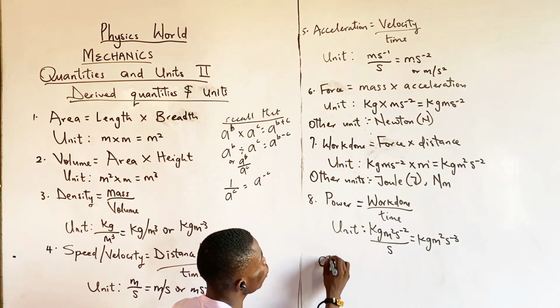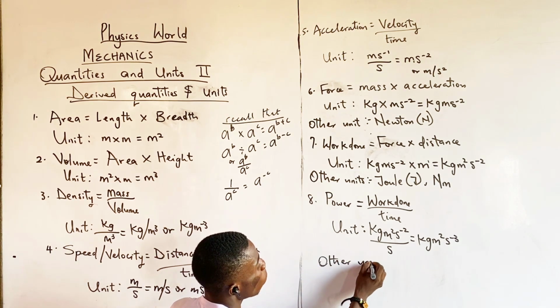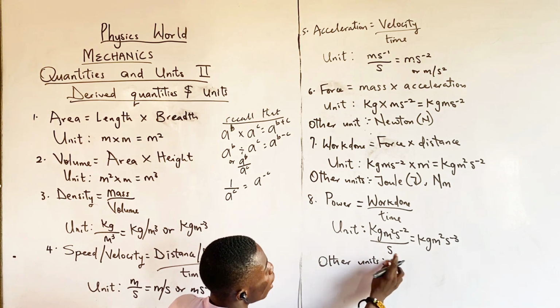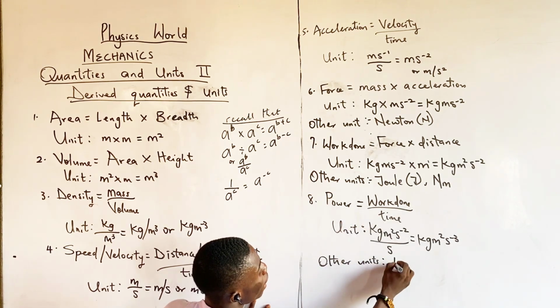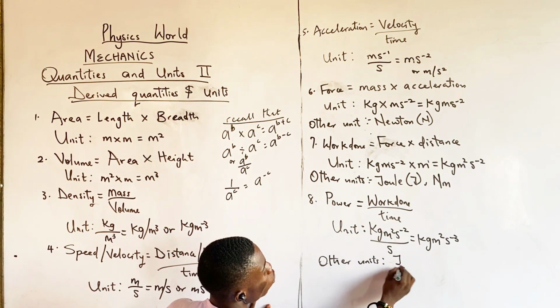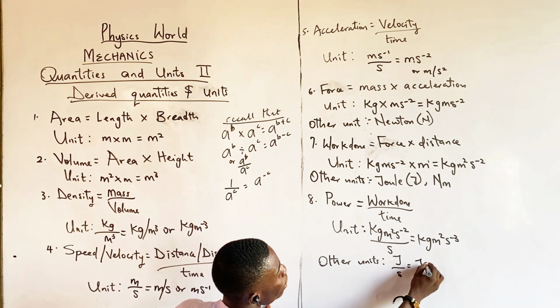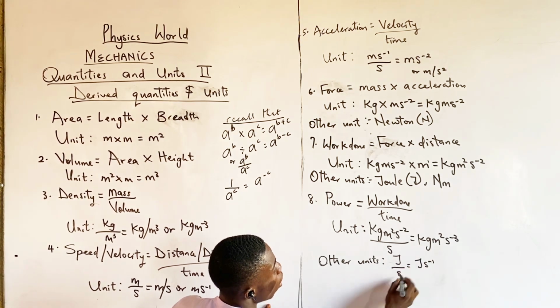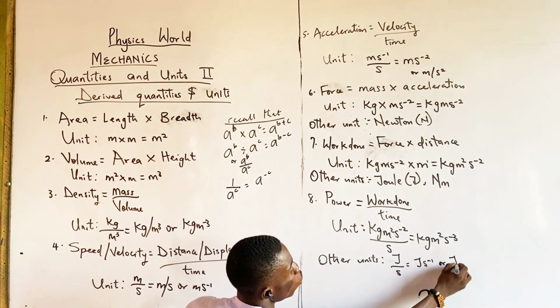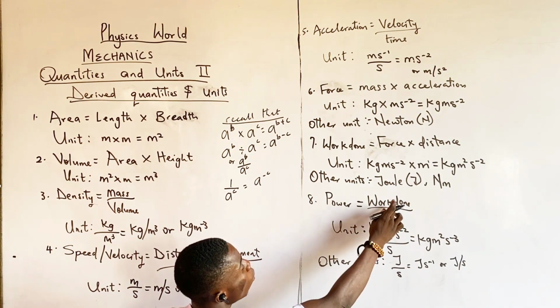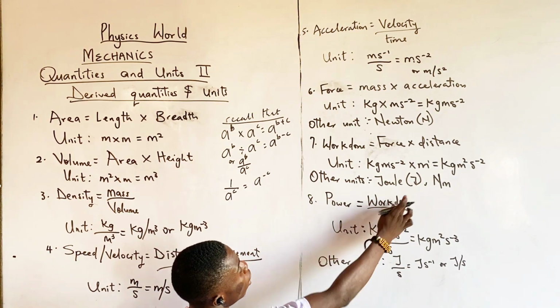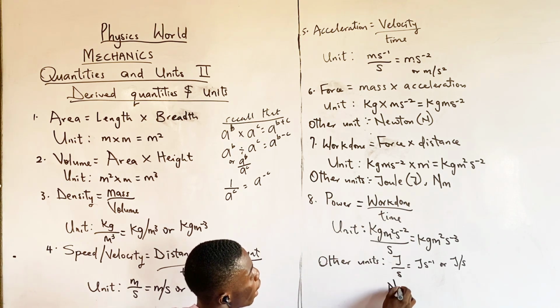And other units of power. The other unit of power is work done, that is joule, over second, which is joule per second. Or we should use work done in terms of force, which is Nm.